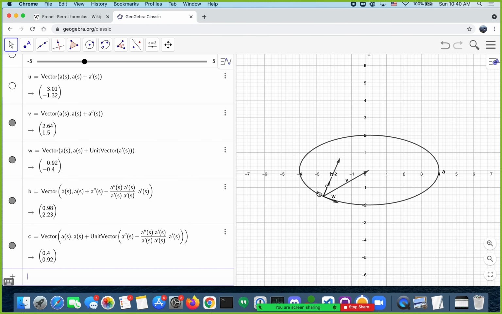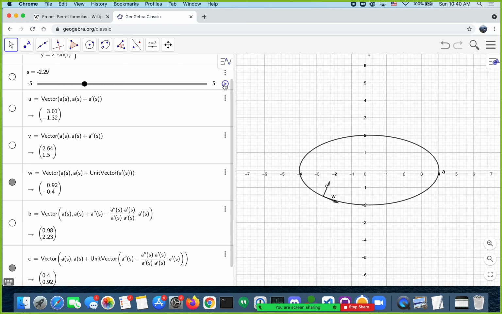And now I have this unit vector over here, so I'll turn off my other ones, turn off v, and here, let's go up here and click play. Here's my TN frame.